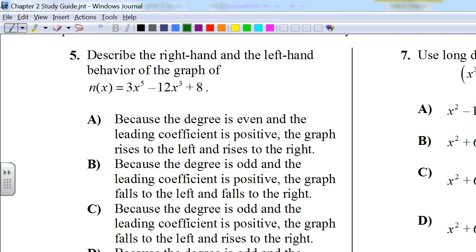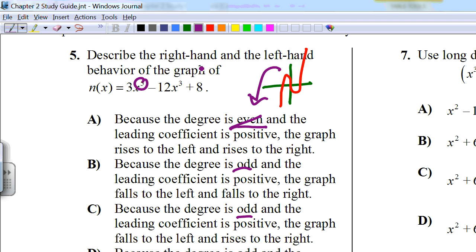Okay, so basically what I see is a graph that looks like this. What we're looking at is the behavior at the two ends. It has an odd degree, so it cannot be this one. Because the degree is odd and the leading coefficient is positive, the graph falls to the left and rises to the right.